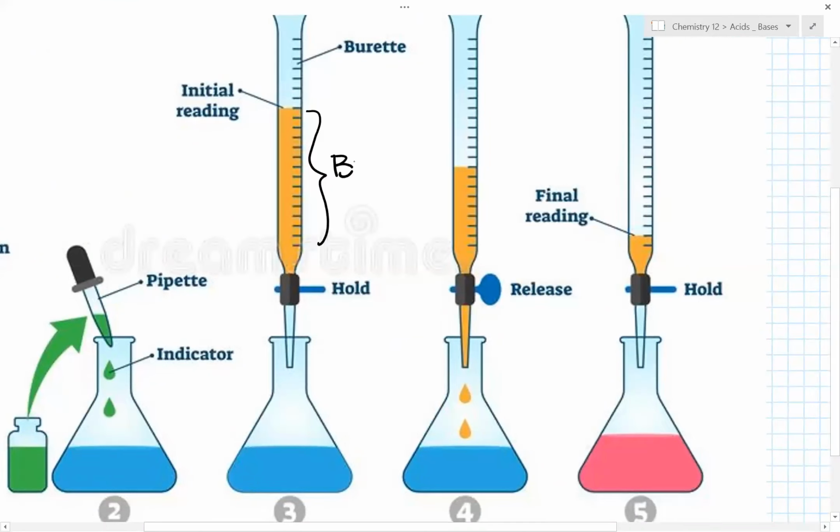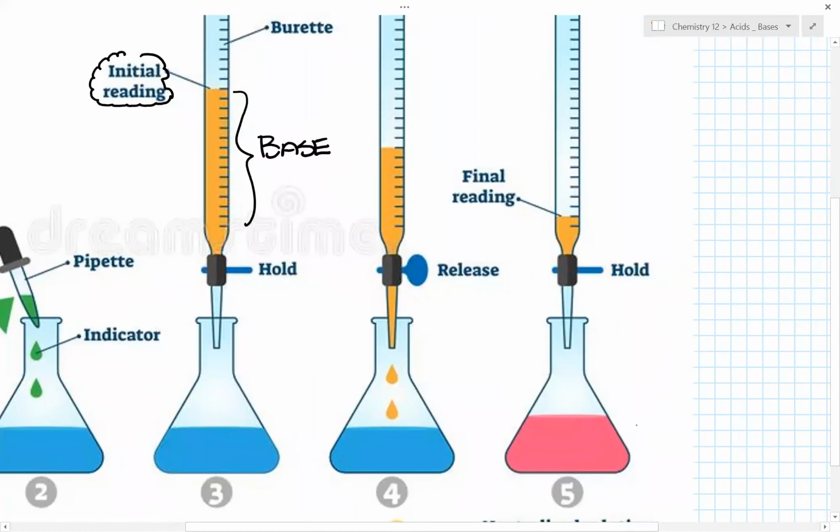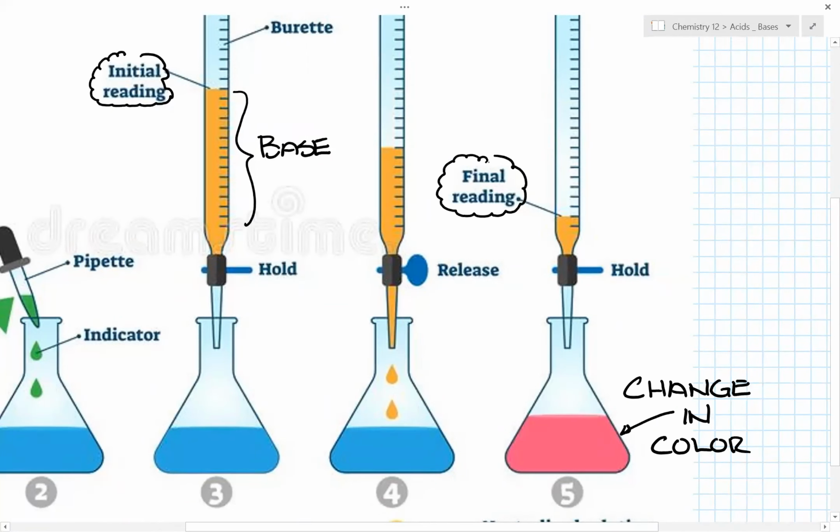Now, what you would do is take an initial reading, and then you add until you see a change in color. Then you take a final reading. Okay?